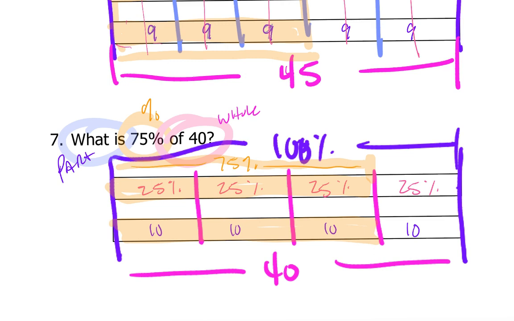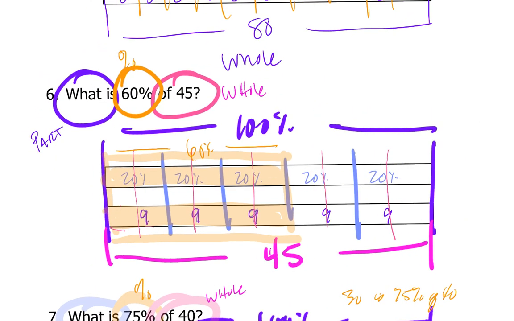Okay? And if that's 75%, then it's 3 of those 25% pieces. So 3 sets of 10 is 30. So your answer here would be 30 is 75% of 40. And your answer here would be that 27 is 60% of 45.